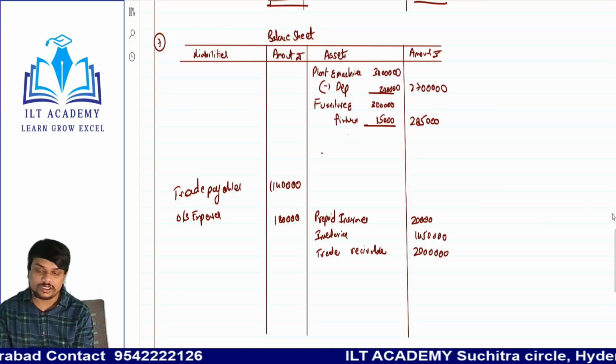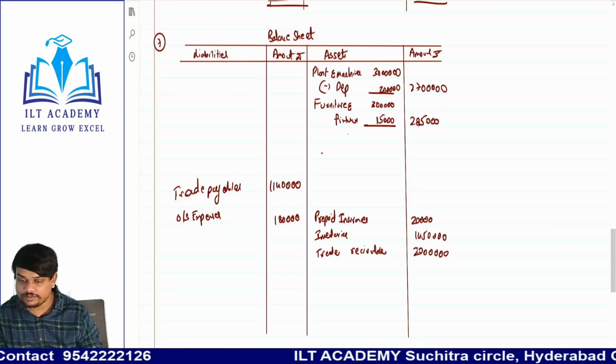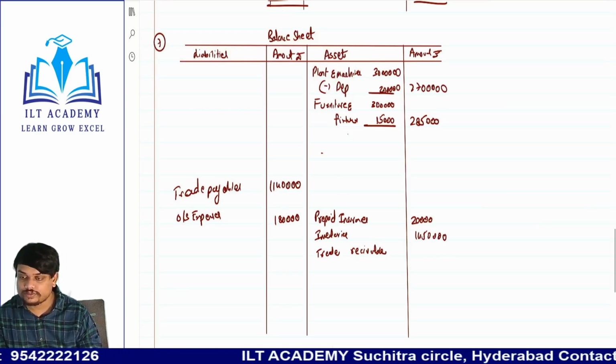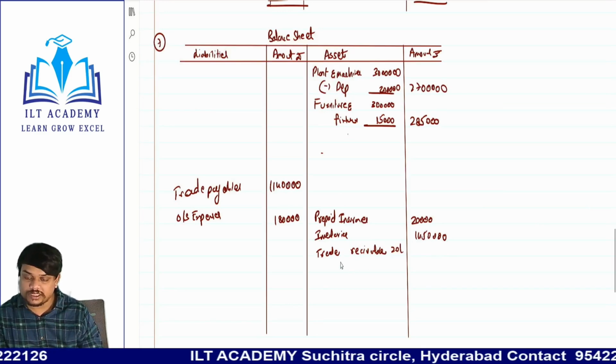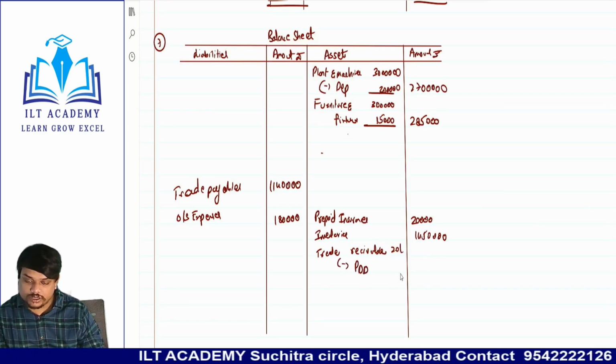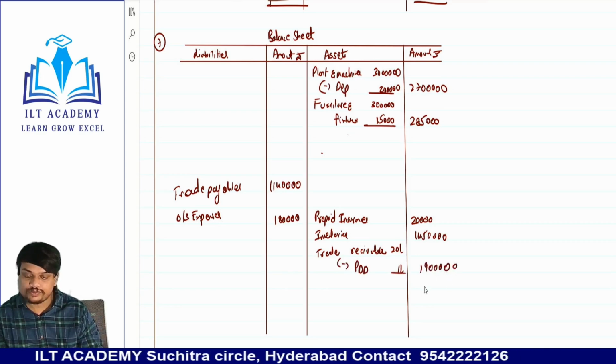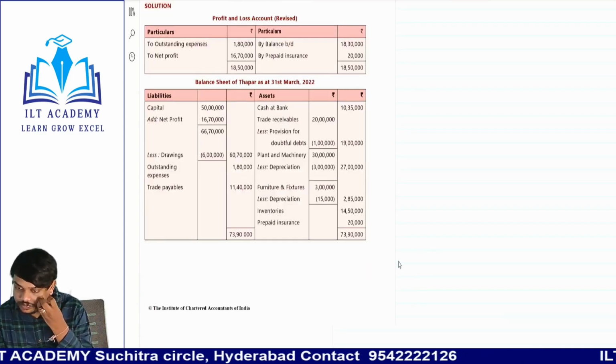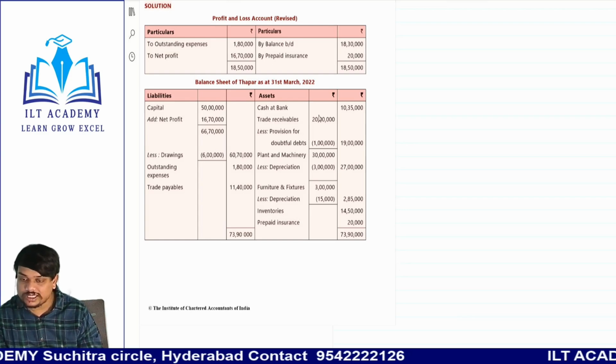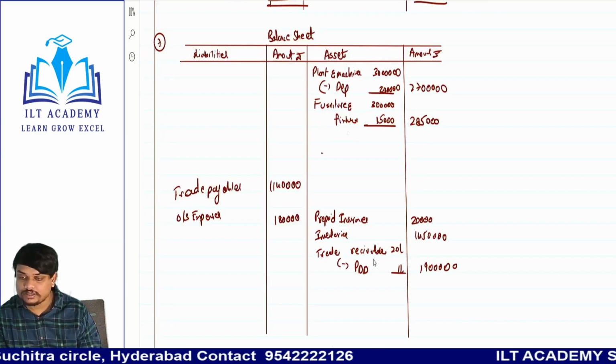Okay. Provision निकालना है. 3 lakhs minus provision for doubtful debts 1 lakh, which is 19 lakhs. ये हो गया.